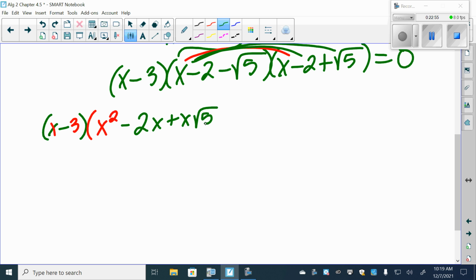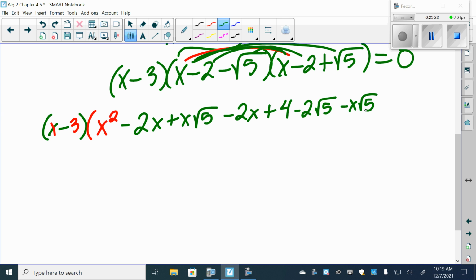Now we're going to distribute through with the negative 2. So negative 2 times x is negative 2x. Negative 2 times negative 2 is going to be plus 4. And negative 2 times square root of 5 is negative 2 square root of 5. And lastly, the negative square root of 5. Negative square root of 5 times x is negative x square root of 5.